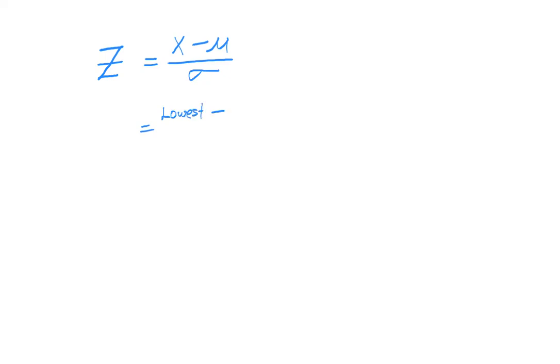Take away the mean, what is the mean? P hat. Never mind, we do it in general first, okay? Over, how does the standard deviation look like? Square root of, correct? Then that is our negative Z alpha over 2.